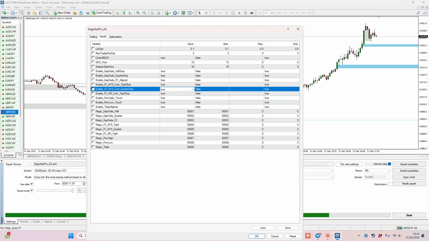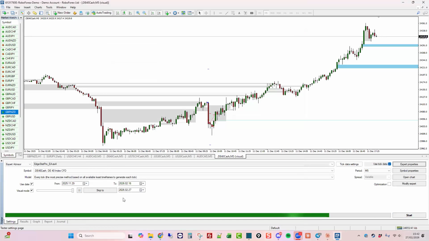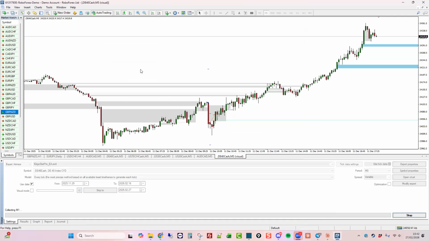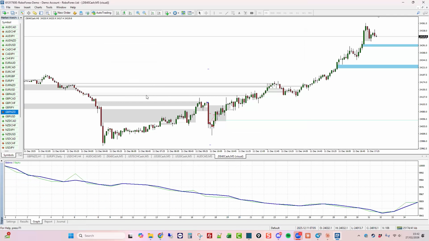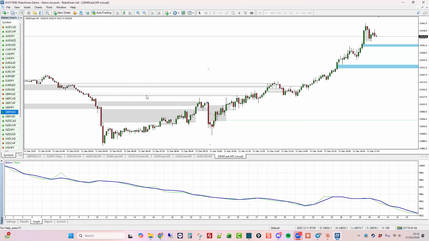DAX config, all strategies on. Let me just run this in fast mode to watch the equity curve. I'm not sure whether everything he's done is absolute rubbish, or this EA is not executing in the way that it's designed to.